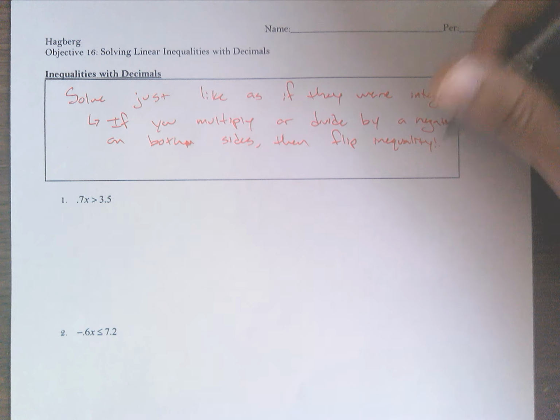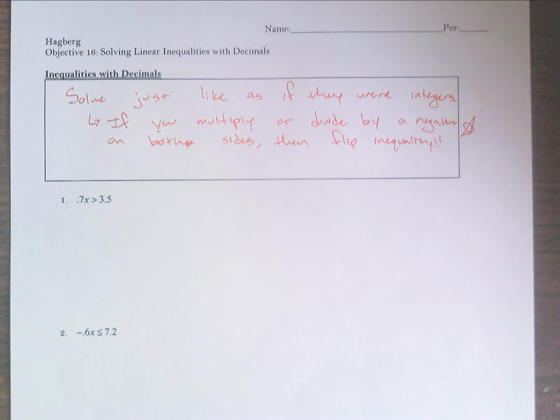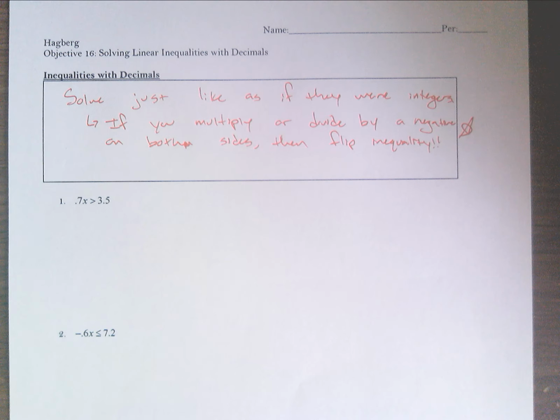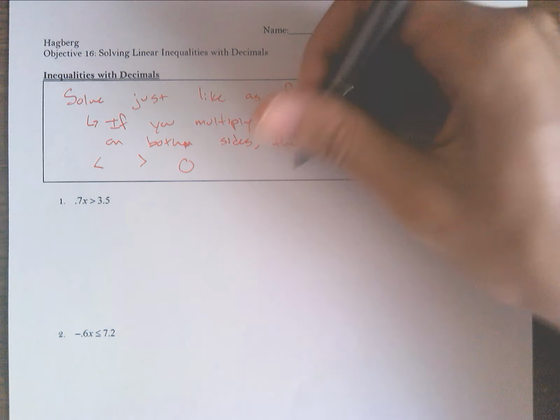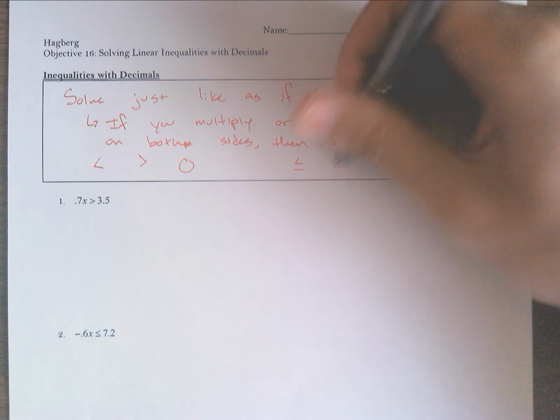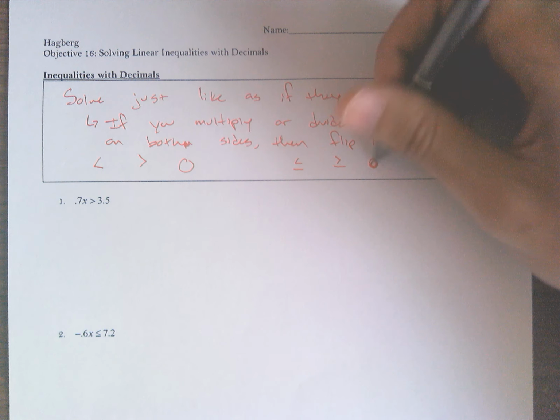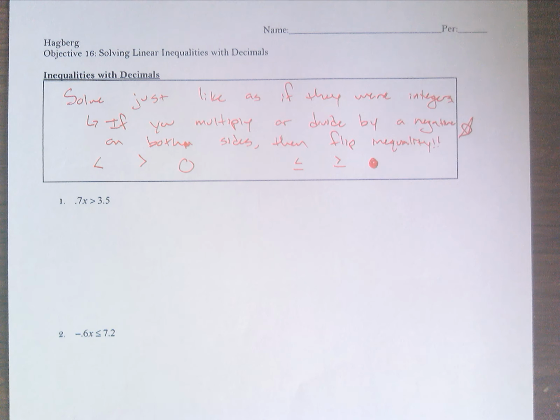Put stars, very important. And last but not least, just a reminder, if it's less than or greater than, we use an open circle. And if it's less than or equal to or greater than or equal to, we use a closed circle or shaded circle. All right, so let's go ahead and solve these here.